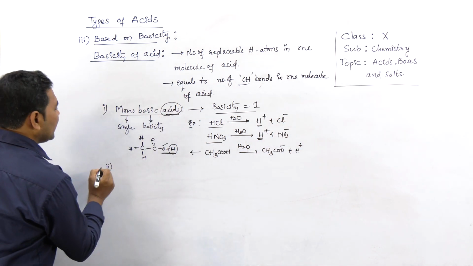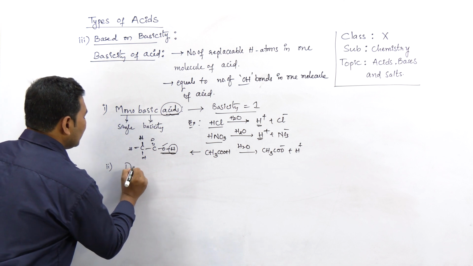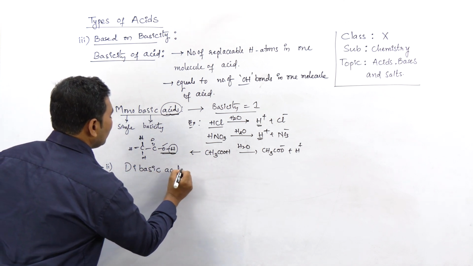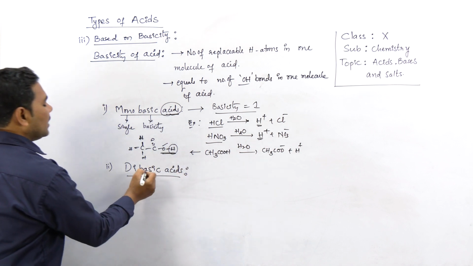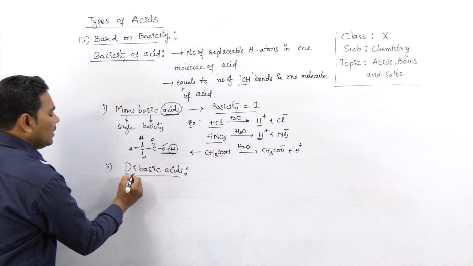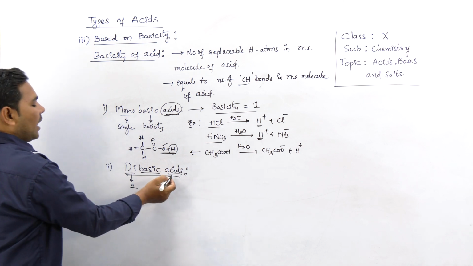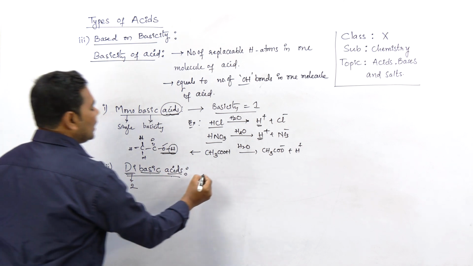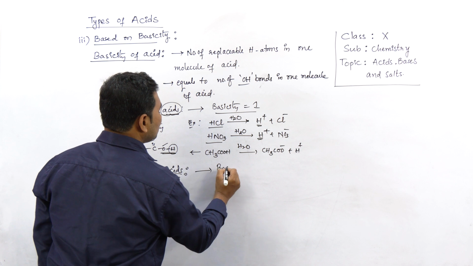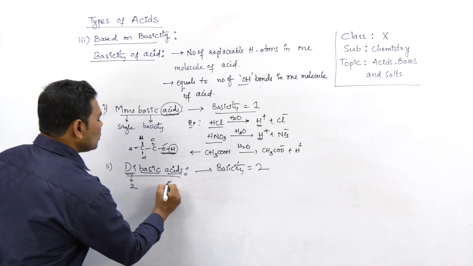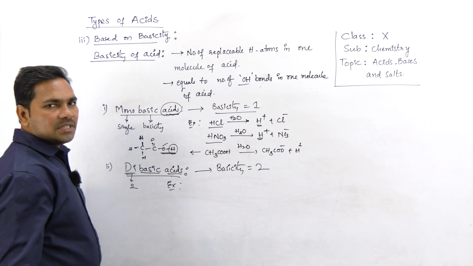The second category is dibasic acids. The name itself gives us di, which represents 2, basicity. The acids whose basicity is 2 are dibasic acids. Now let us look at the examples of dibasic acids.